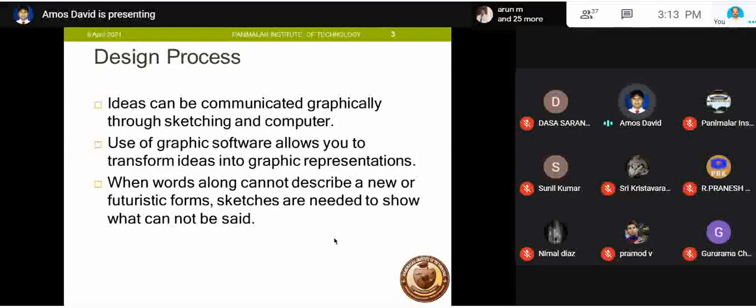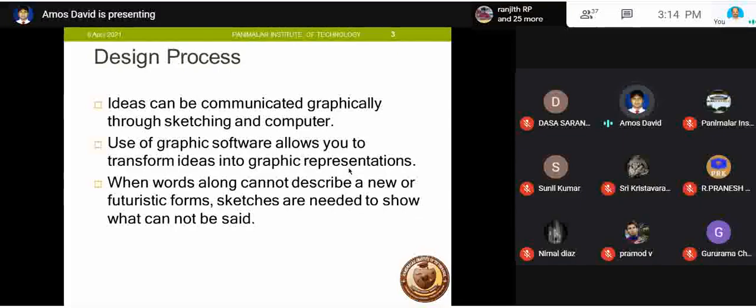So for this graphical usage, there are a lot of graphical softwares that are available. For example, we have Gamaleal, we have ProE, the latest Fusion 360, and then we have Autodesk Inventor, and so many. Every company has a software nowadays. In the olden days, like when I talk about 25 years back, everything used to be done with pencil and scale.